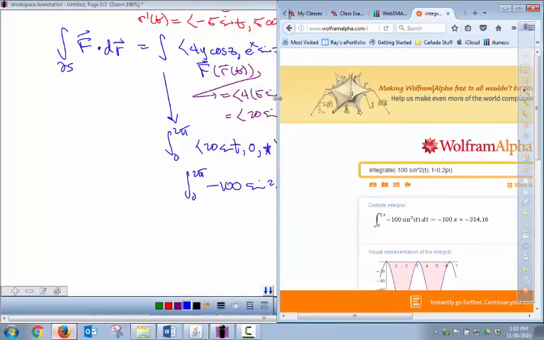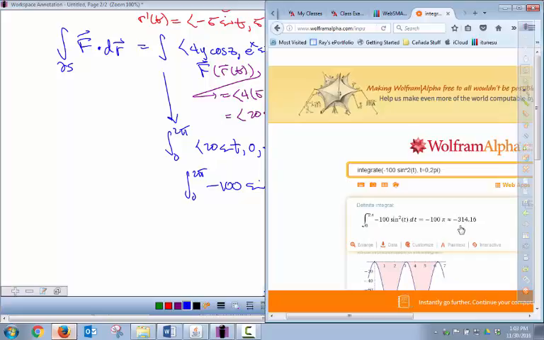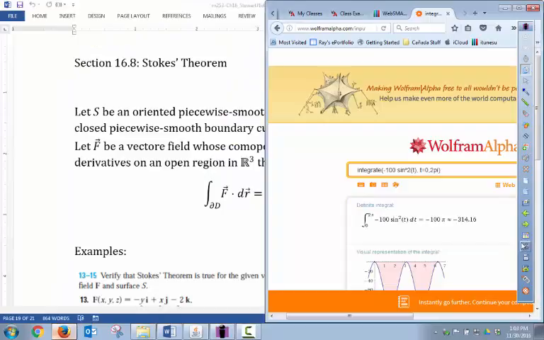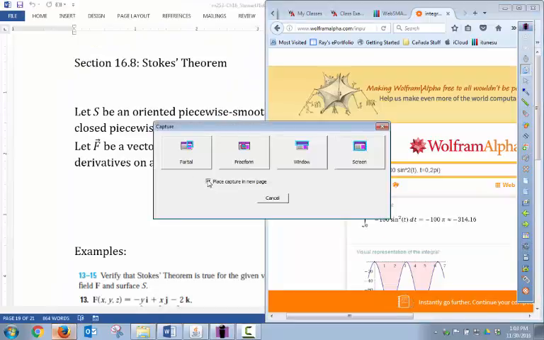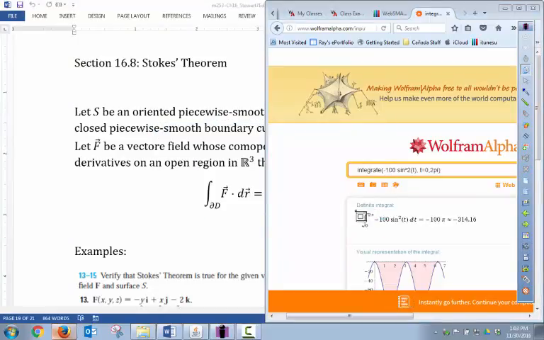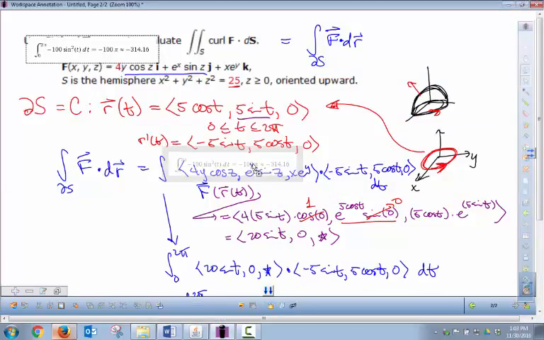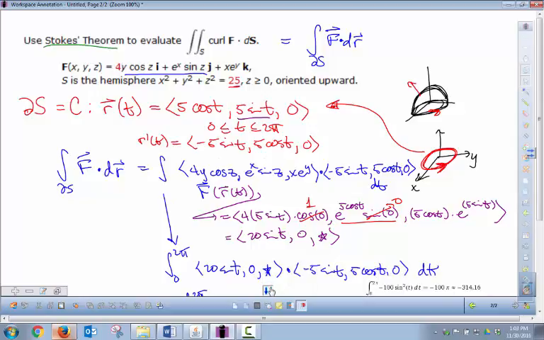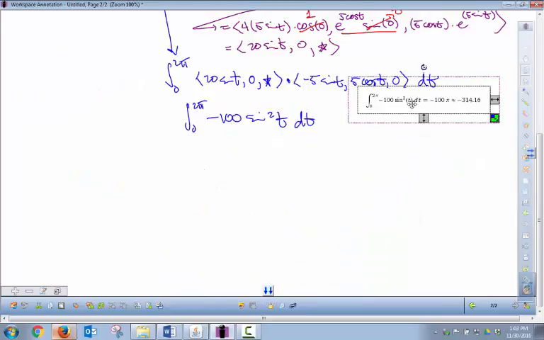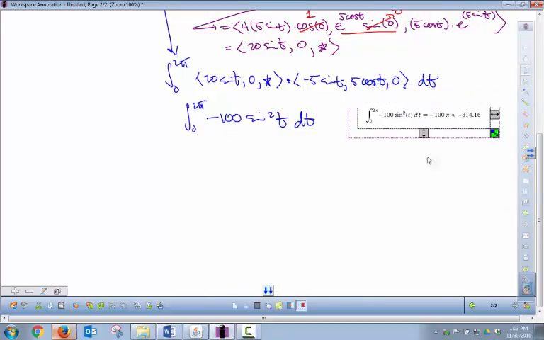Negative 100 pi. So that should be the answer.